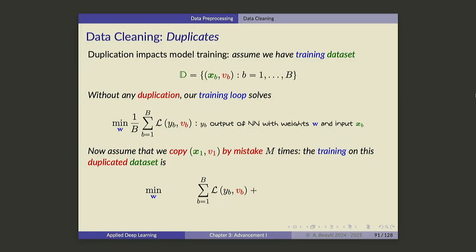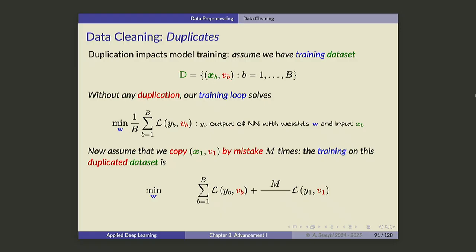The first B terms are the same, from x1, y1, x2, y2 until the last one. They are still there in your loss, but you have m extra copies, so you can write m times the loss of the first sample.